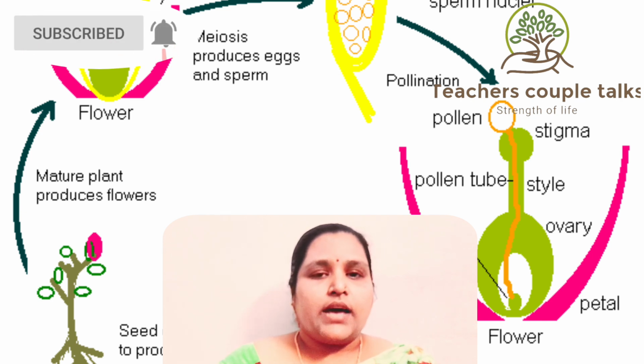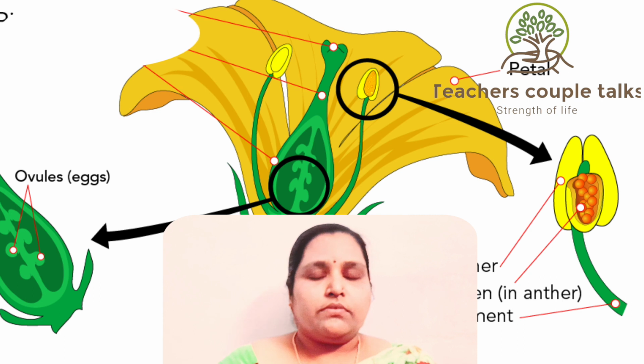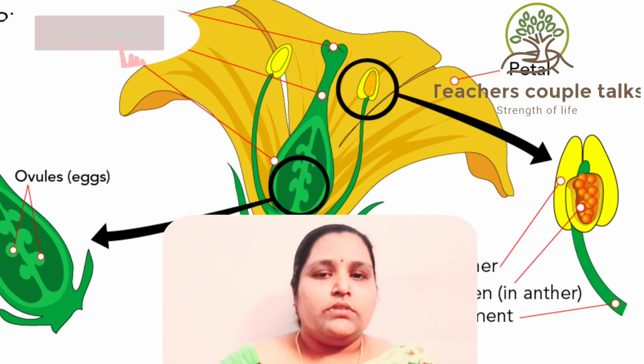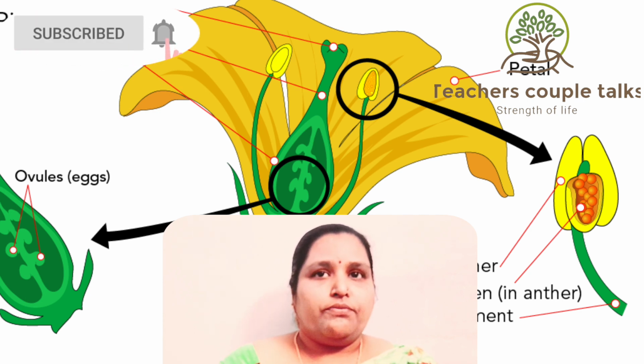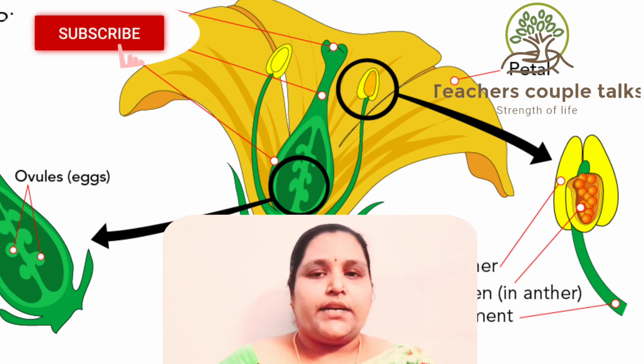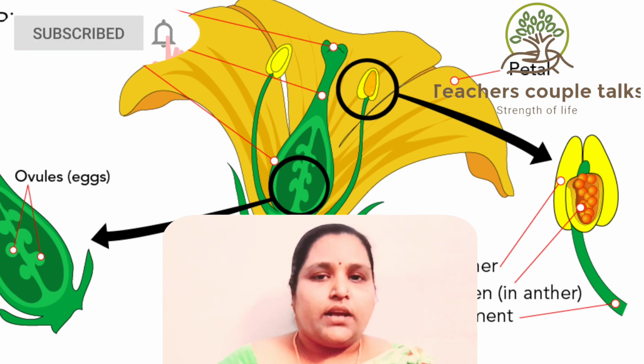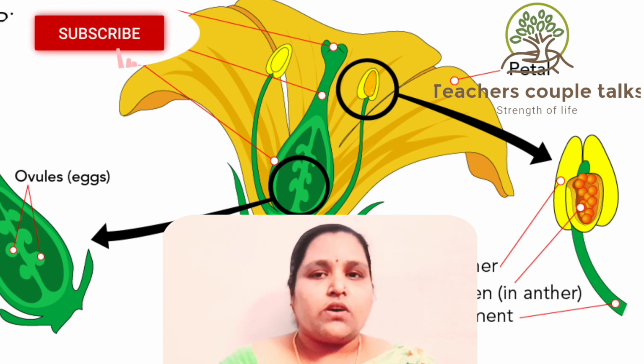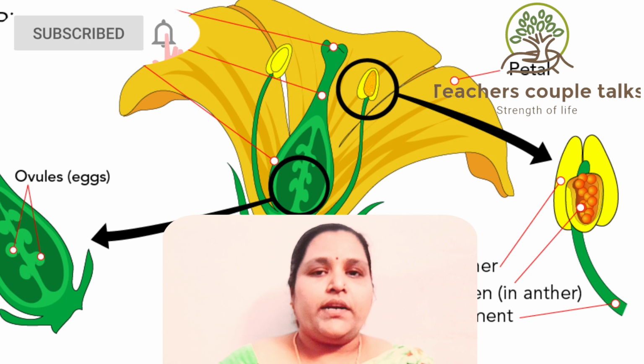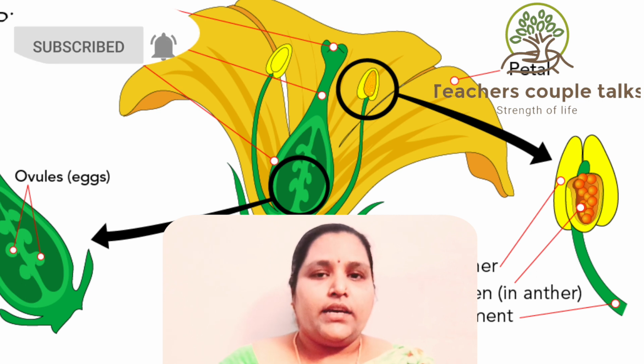The thalamus has ovaries or ovules, which in future develop into seeds. Then there is a long wire-like structure which is called the style, and the swollen tip of the style is the stigma.